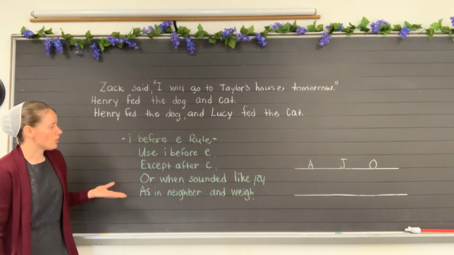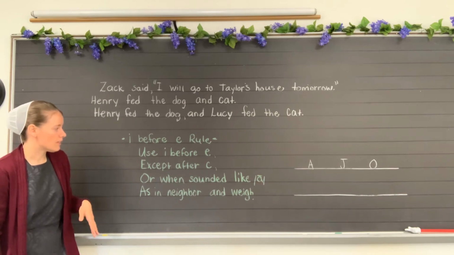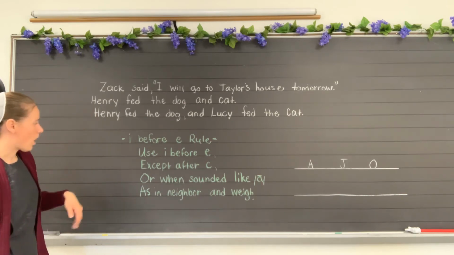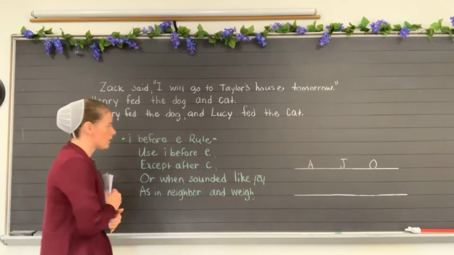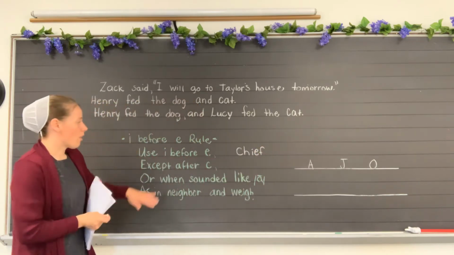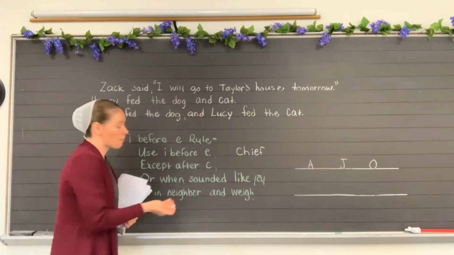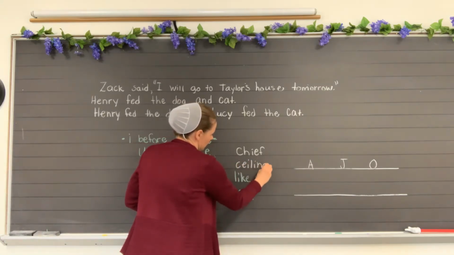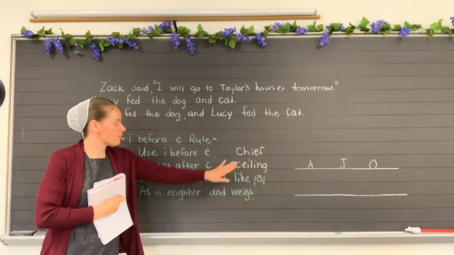So whenever you have the E sound, you will use I before E, like the word chief, except right after C, as in ceiling. So you have a C word.